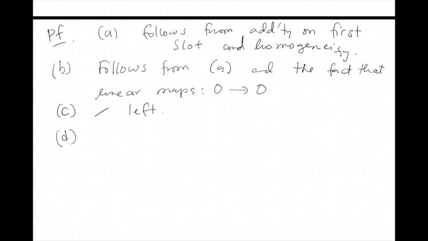For letter D, oh no, I'm messing up the numbering. Let me call this 1, 2, 3, 4. For number 4, we have the inner product of u with v plus w, for all u, v, and w in the inner product space.